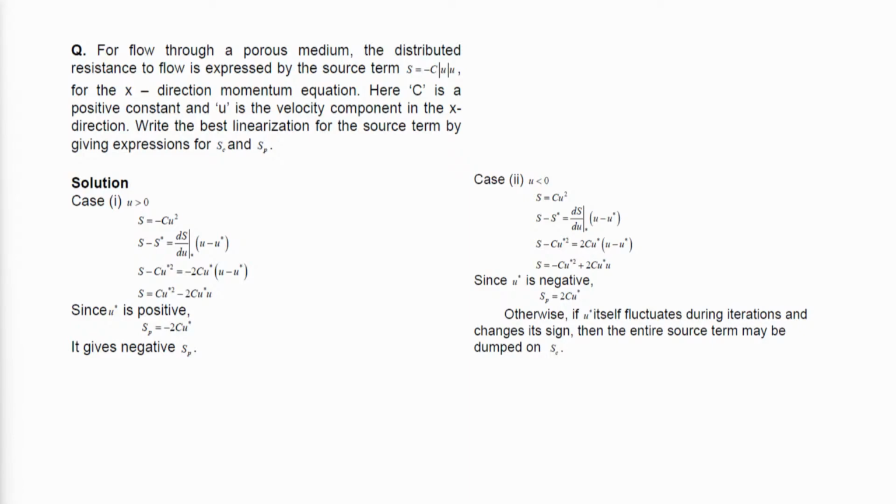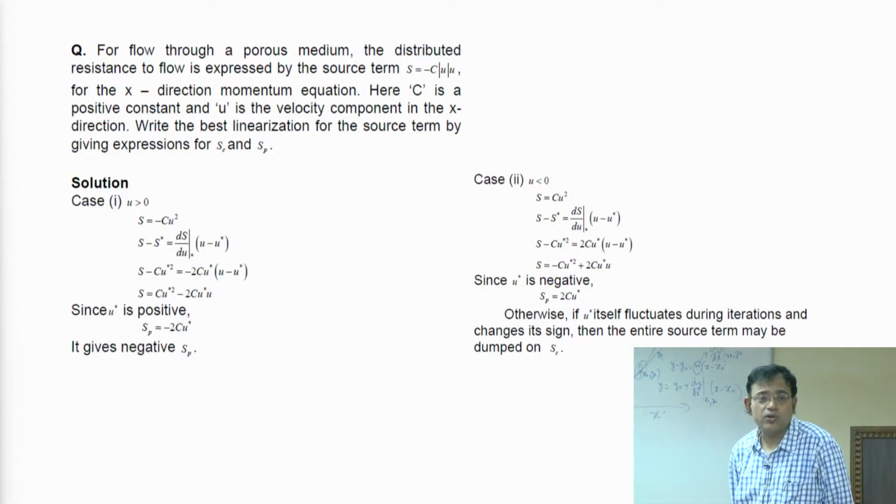That is what we have taken, and in the first case where u is greater than 0, we see that Sp is negative, because u star is greater than 0, C is positive and you have minus. So, it makes Sp negative, and that follows the rule.